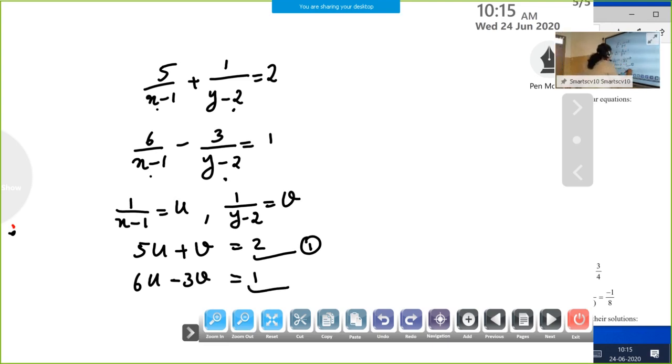This is equation number 2. Listen. In the first equation the term is 1v, in the second it is 3v. Multiply the first equation by 3.